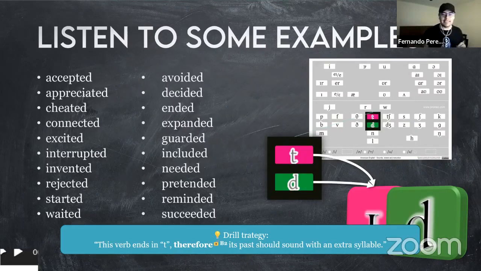This verb ends in T, therefore its past should sound with an extra syllable. So let's go. Let's practice. Accepted ends in T, comma. Therefore, its past should sound with an extra syllable. Accepted.